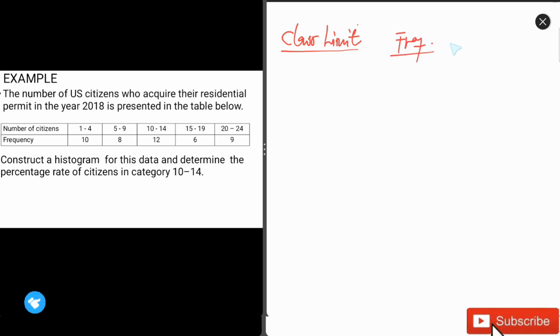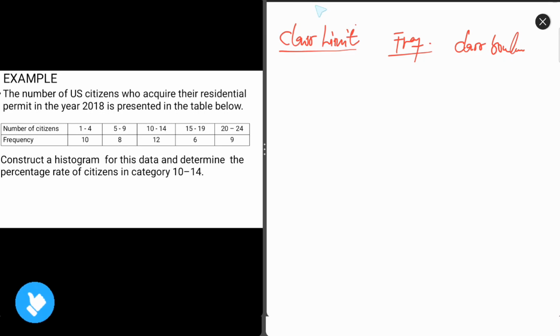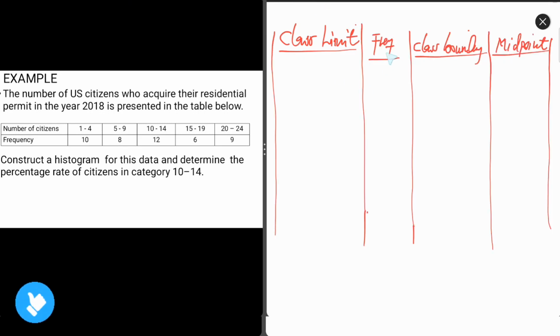And then you can talk about our class boundary, and likewise, we can also talk about our class midpoint. So let me have a column for class midpoint. Basically, this is how it's going to look: your class limit, your frequency, your class boundary, and then your class midpoint.